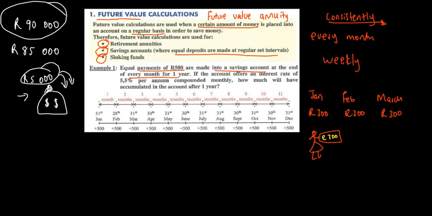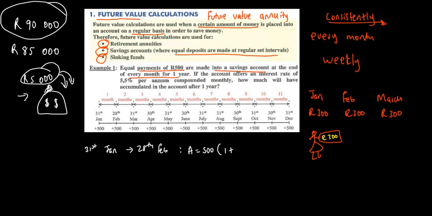you can decide to be Miss Clady and say, okay, you know what, I'm going to deposit 500. So I'm going to look at 31st of Jan to 28th of Feb. Then you're going to use your compound interest formula and say, okay, we're going to deposit 500, and then it's going to grow.